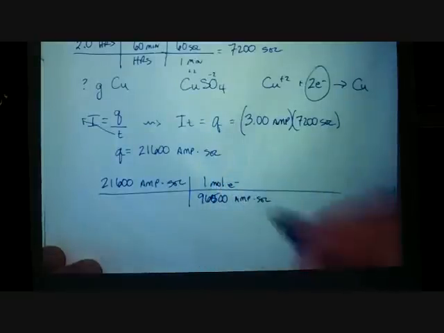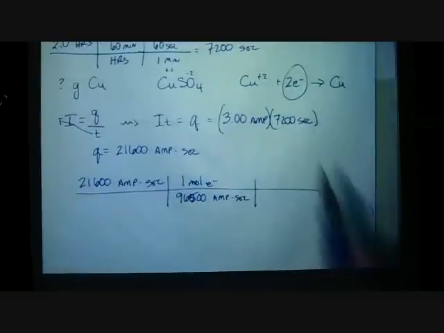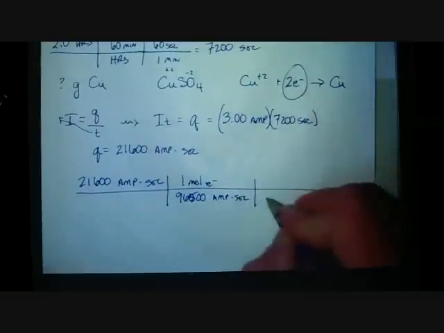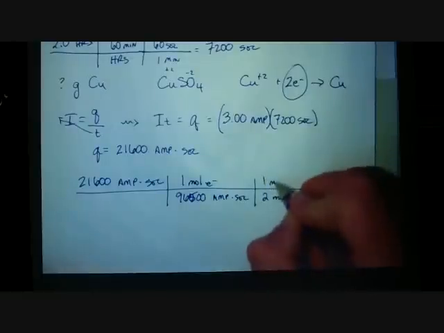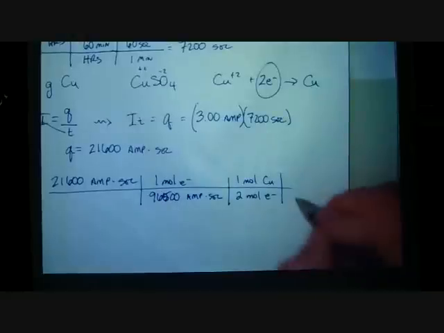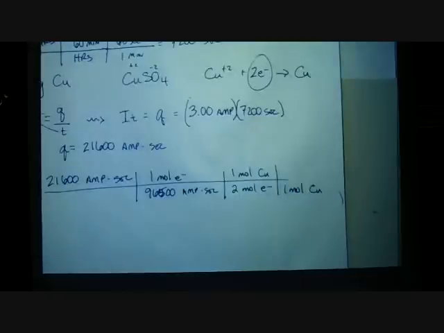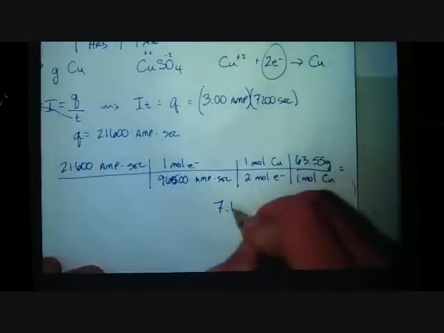From our balanced equation, we had 2 electrons, so 2 moles of electrons for every 1 mole of copper. And then the last step is to convert the moles into grams. The molar mass for copper is 63.55 grams, and that equals 7.11 grams.